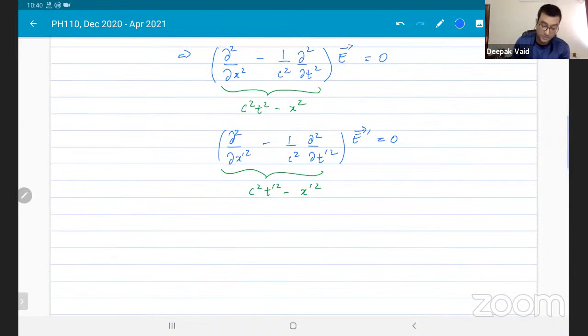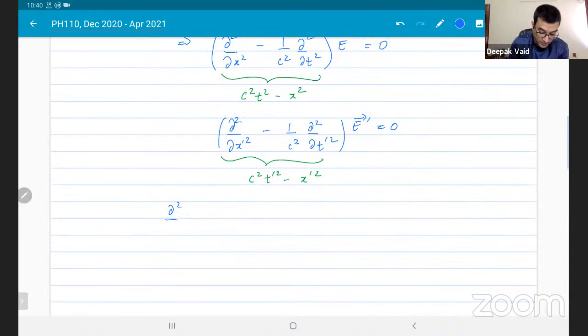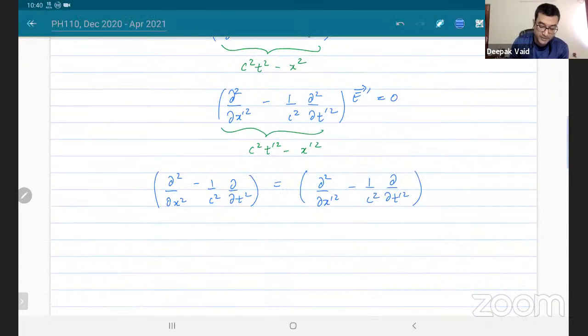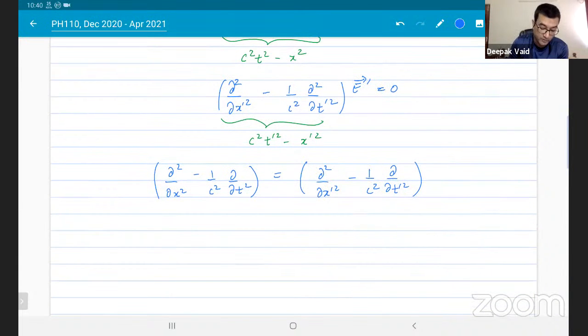So one way to ask that the Maxwell equation remains the same in both frames of reference is to insist that this operator should have the same form when you go from the unprimed frame to the primed frame.